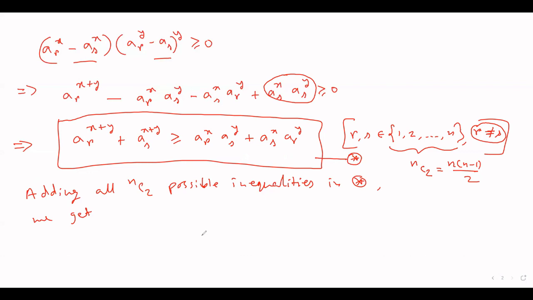First of all, the right hand side is pretty straightforward, I think. Let's write the right hand side. We have r equals 1 up to n, s equals 1 up to n, with just one additional condition, s is not going to be equal to r.